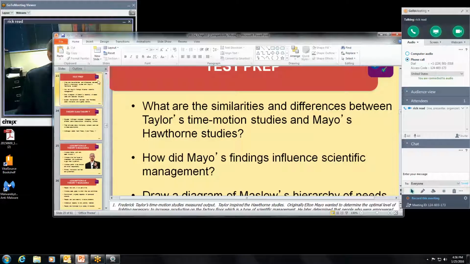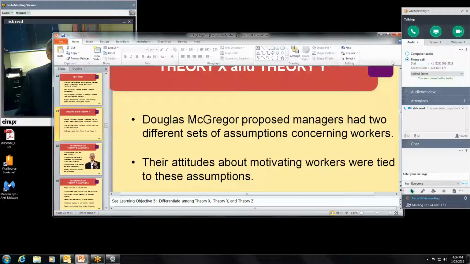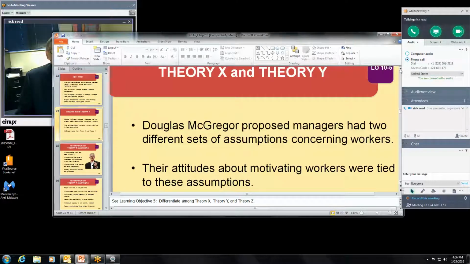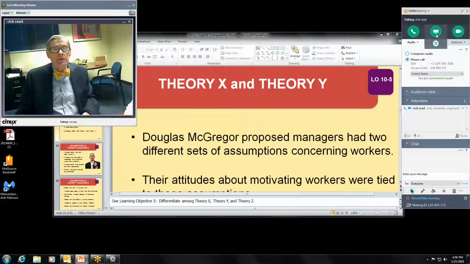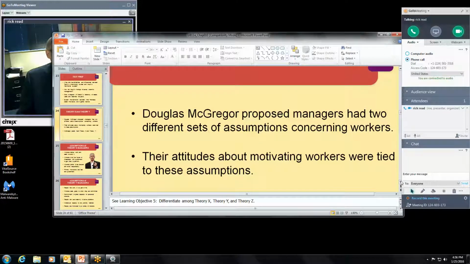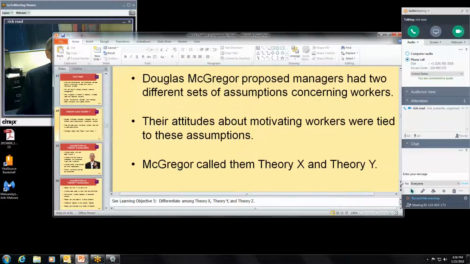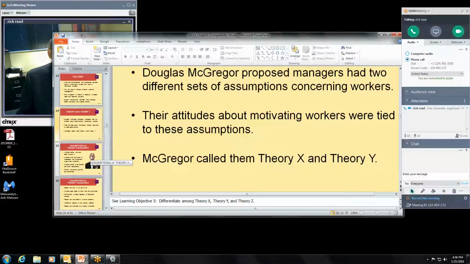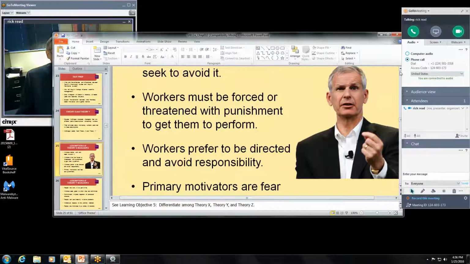So now we want to talk about Douglas McGregor's theory X and theory Y. And this has a lot, I think, of importance because I think we all can identify some managers or supervisors that fall into these things. X and Y, as it sort of really plays out, is that they're poles apart.